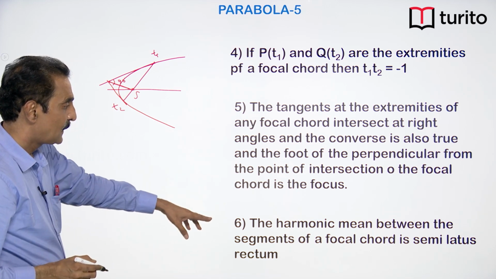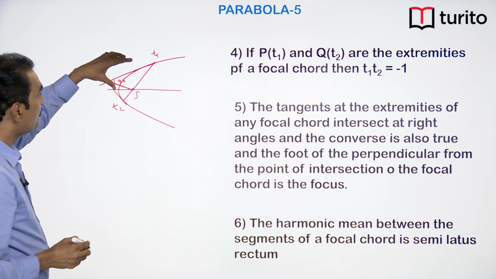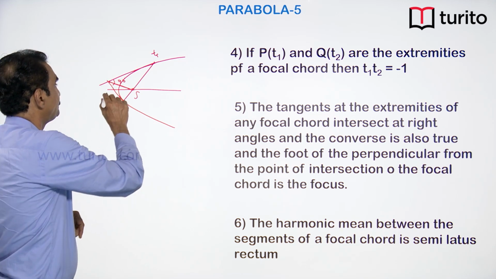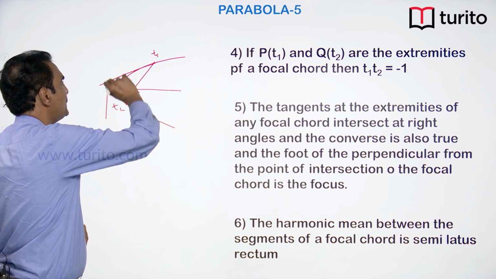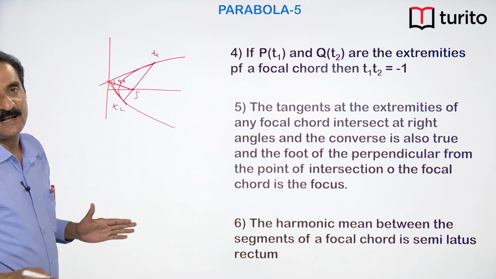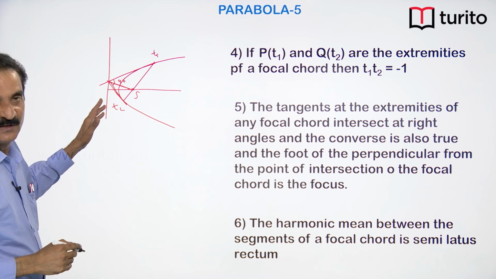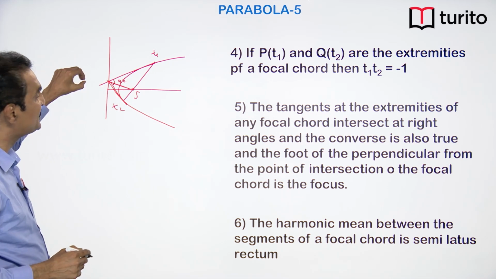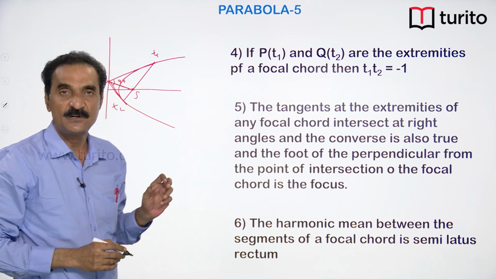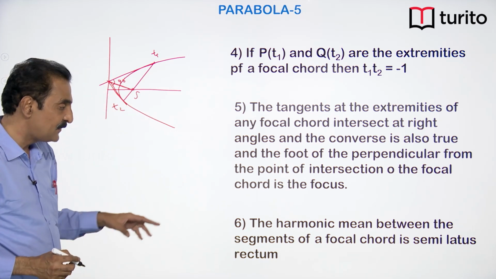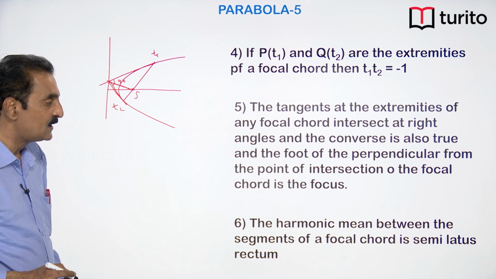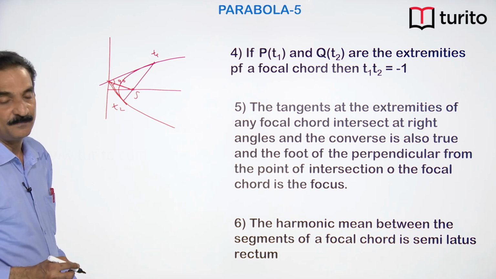Next, we have already one property that two perpendicular tangents intersect on the directrix. So, tangents at the extremities of the focal chord intersect on the directrix. Next point is, the harmonic mean between the segments of a focal chord is the semi-latus rectum.